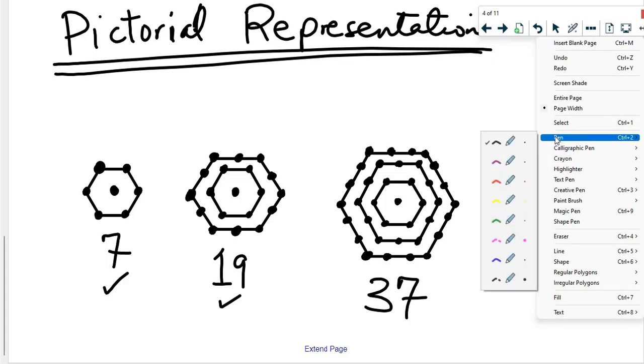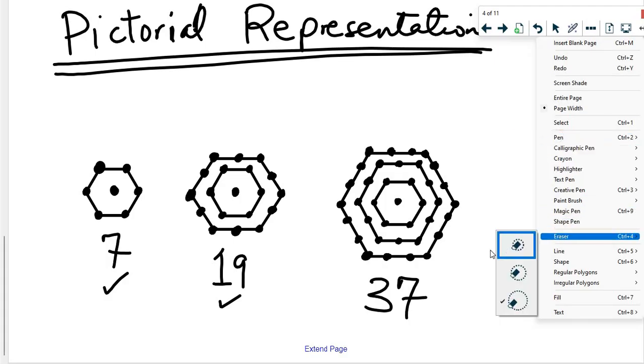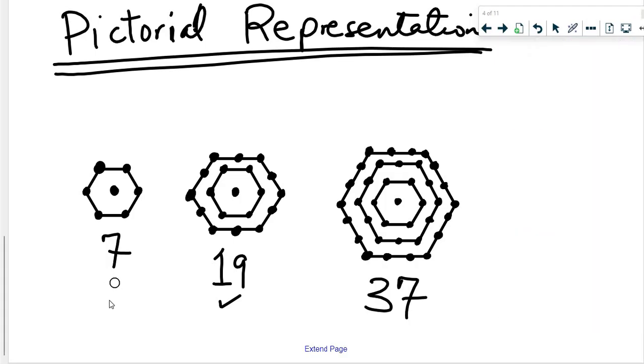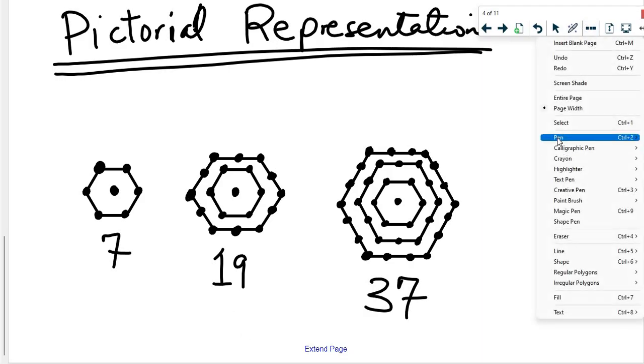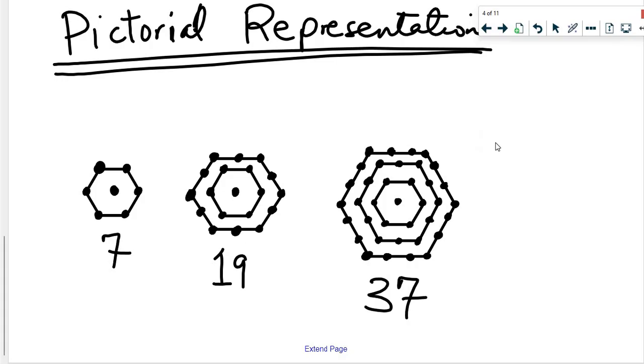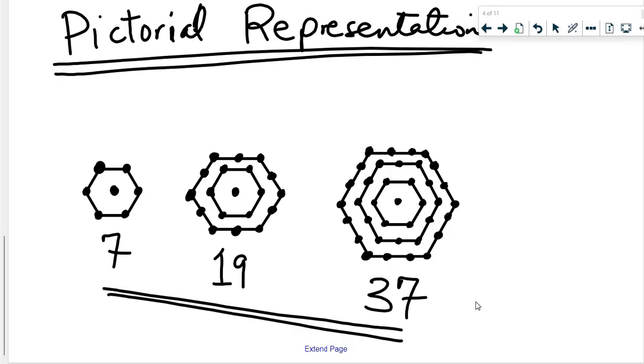This is how your picture will look like. Okay? Now, you can see that these are the hexagonal numbers. All right? So now, let us stop here. You keep going. You can try to figure out what will be the next hexagonal numbers.